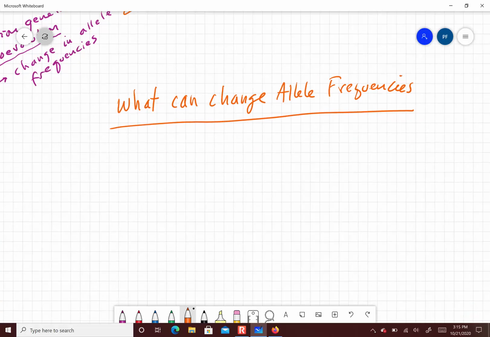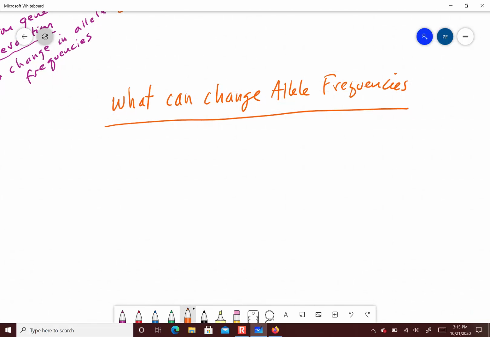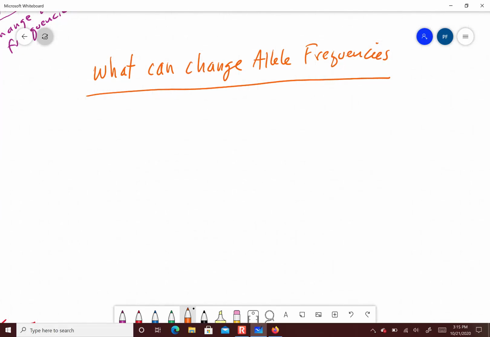So we've got to look at the list of what can cause that. Here's the major stuff that can cause allele frequencies to change. Natural selection: if a trait is getting selected more, whatever gene is representing that trait is selected more. That can change those percentages.